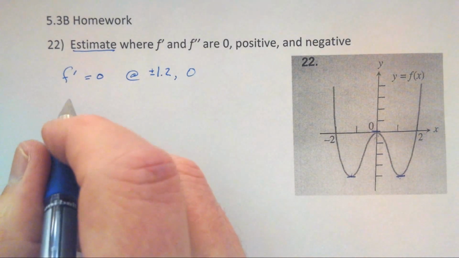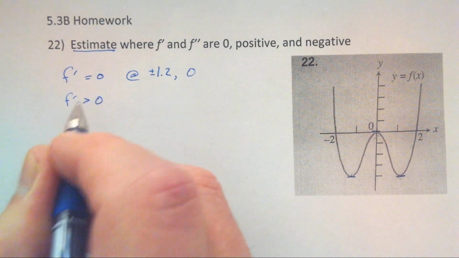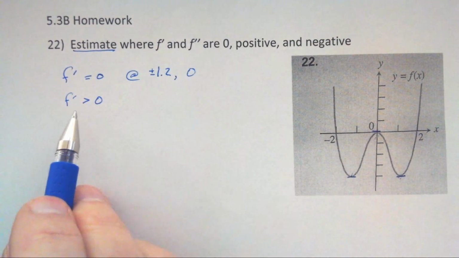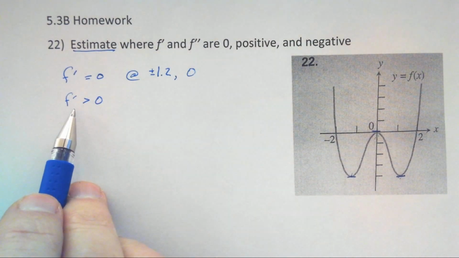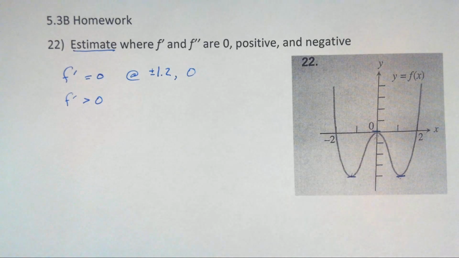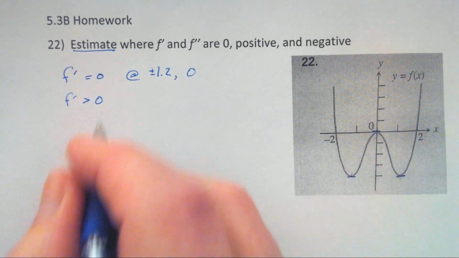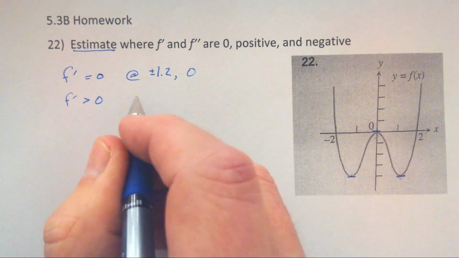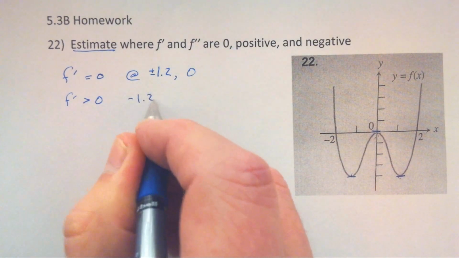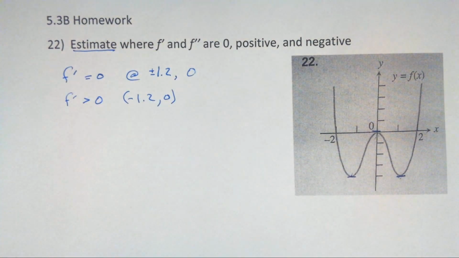Okay, so then where is f prime greater than 0? That's a bad way to read this as well. That is really, when is the slope positive? Well, the slope is positive when the function's graph is, of course, going up. And that happens from here to here. So if my -1.2 is accurate, that is -1.2 until I get to 0.